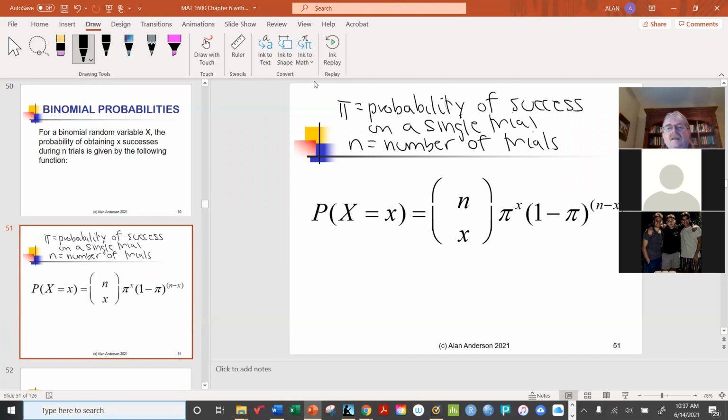And then X is the number of, now, oh, by the way, we have to be careful here. You notice I'm using both a capital X and a lowercase x. X is the random variable that we have defined. And lowercase x is the number of successes whose probability we're trying to calculate. Don't worry, this will all make sense when we start doing these.